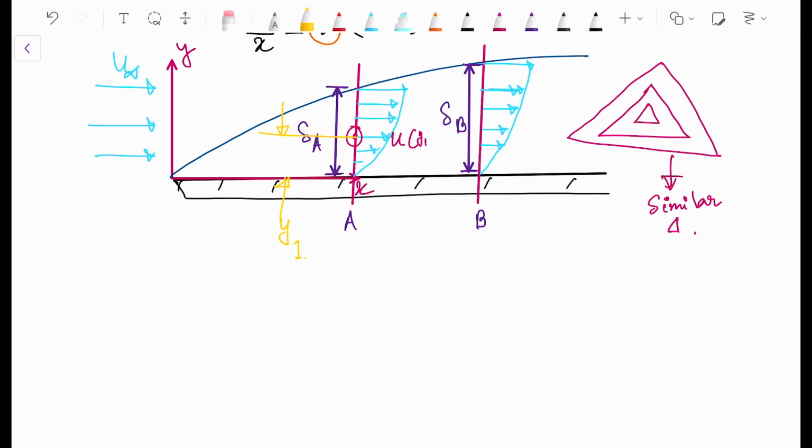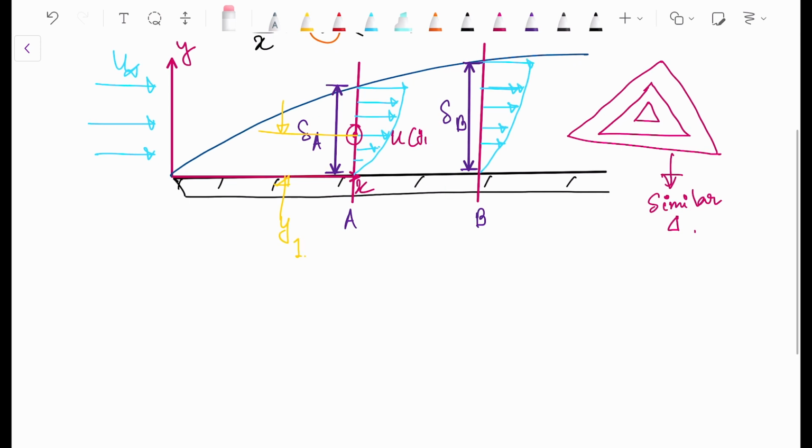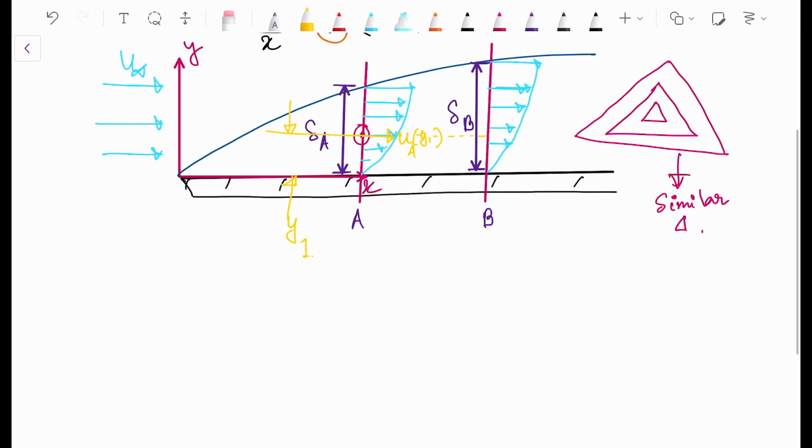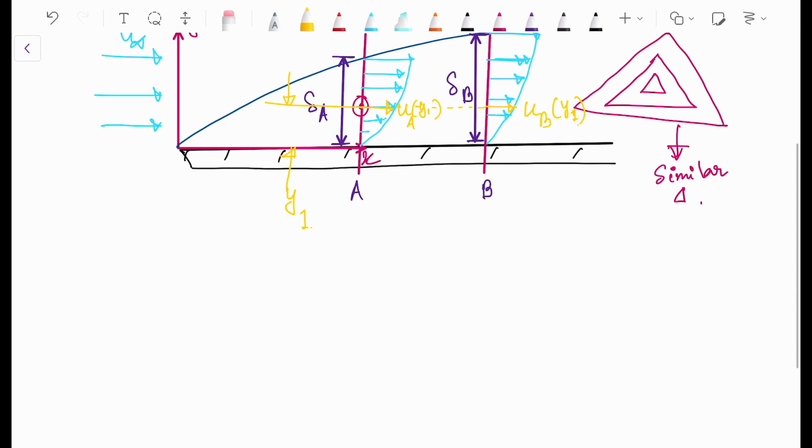So this velocity is u at y1 at A. At the same y, I am having a velocity that may be u at B at y1.